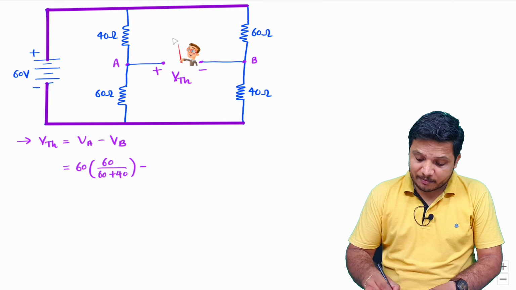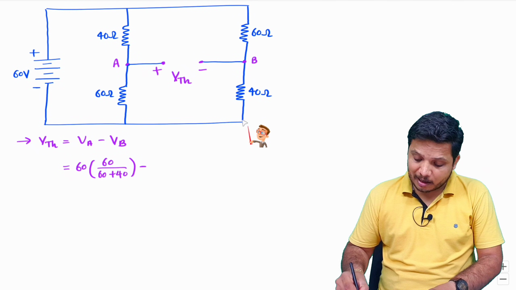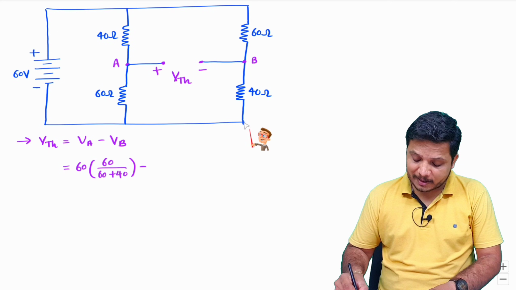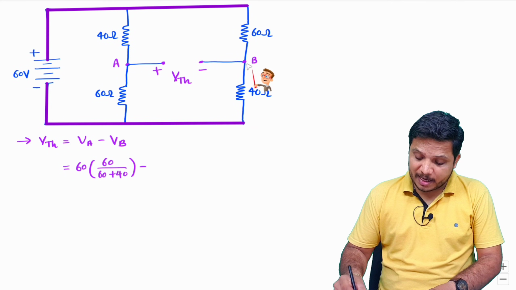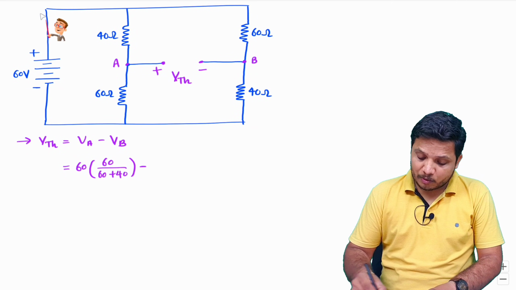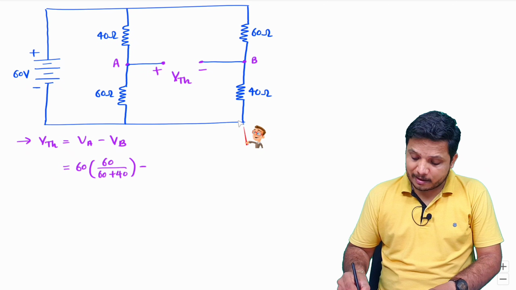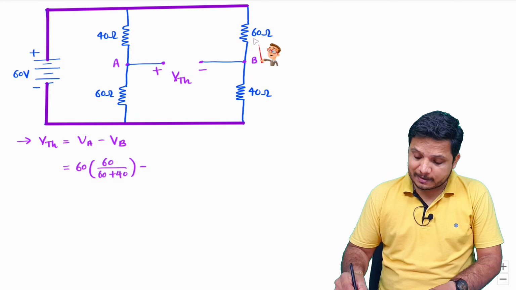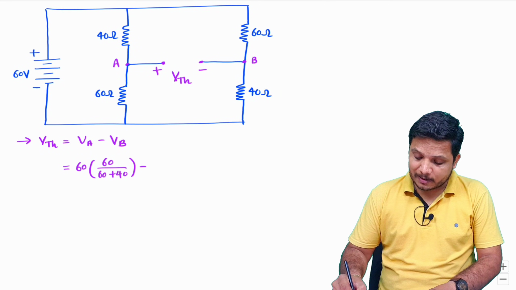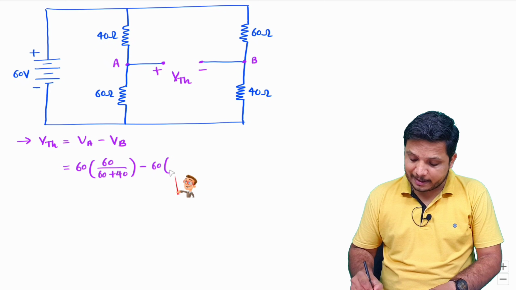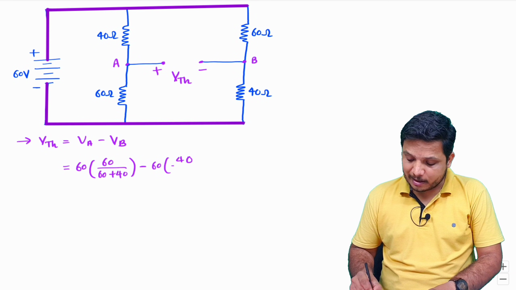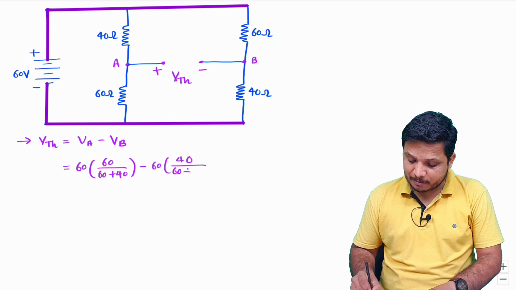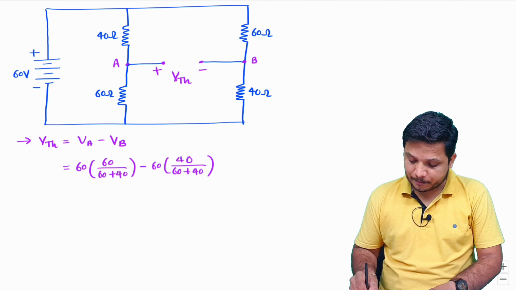Now this 60 volt source is connected across these two resistances like this, right? So what is VB? VB is the total voltage 60 into this resistance divided by these two resistances. So that is 60 into 40 divided by 60 plus 40.